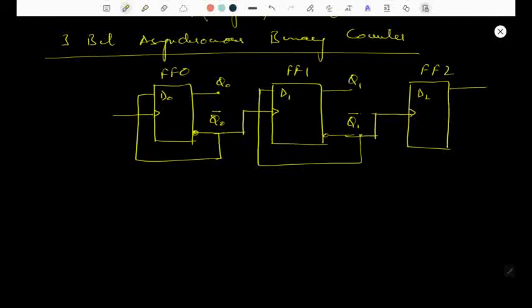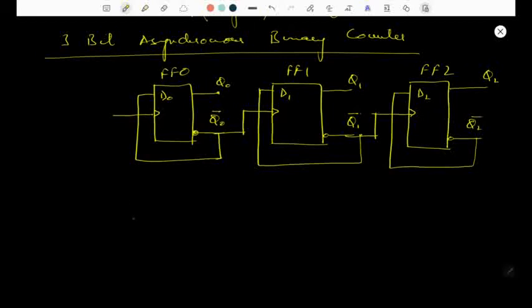This is output Q2 and output Q2 bar. This is connected over here like this. So this is the simple 3-bit asynchronous binary counter. Let's draw the pulses.